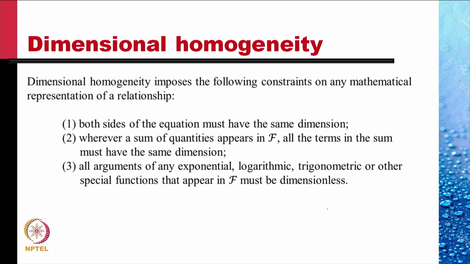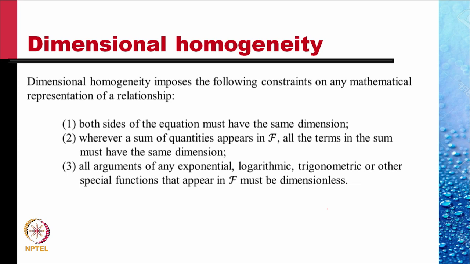First, both sides of the equation must have the same dimensions. Q naught must have the same dimension as Q1 raised to power n1 times Q2 raised to power n2 times Q3 raised to power n3 times Q4 raised to power n4, if that is the relation between Q naught and the various Q1, Q2, Q3 and Q4.